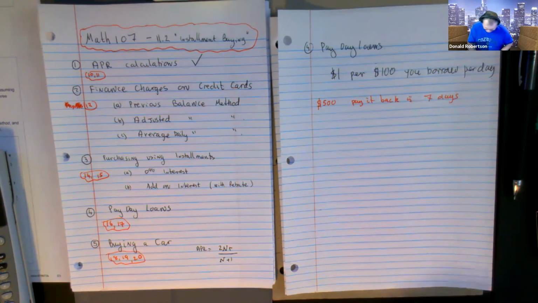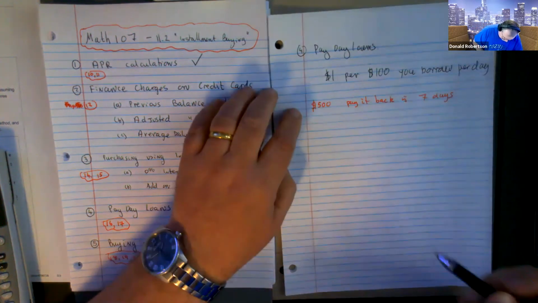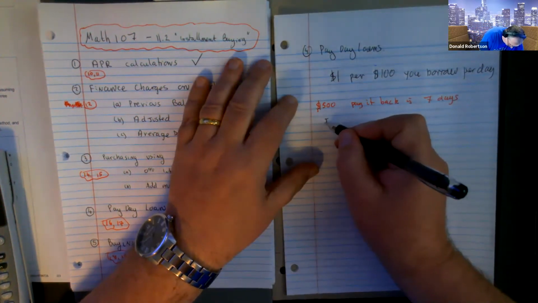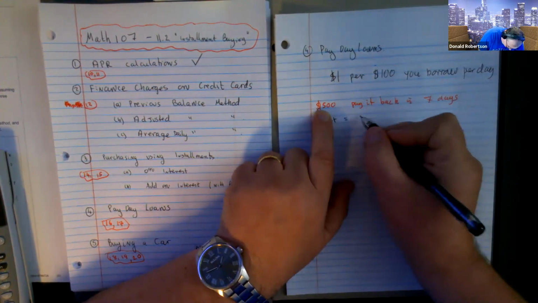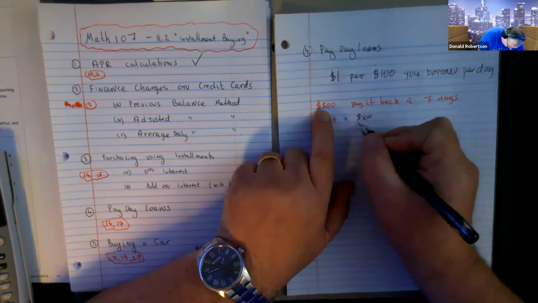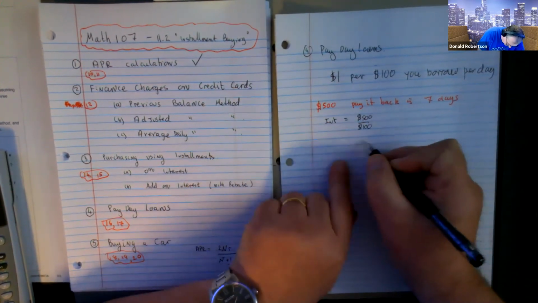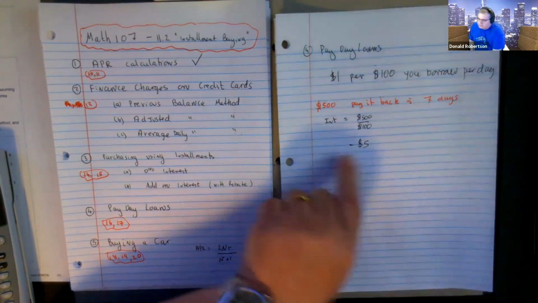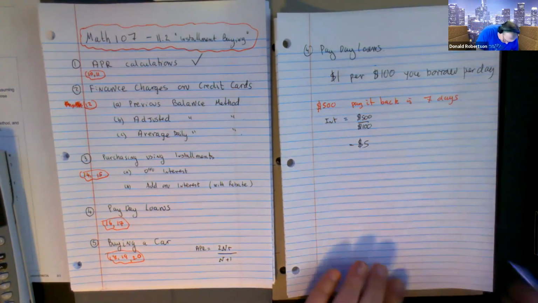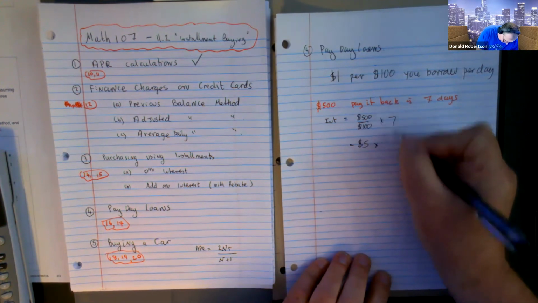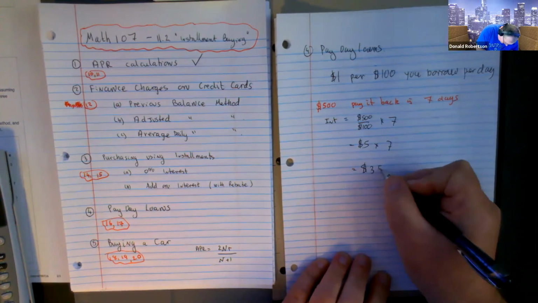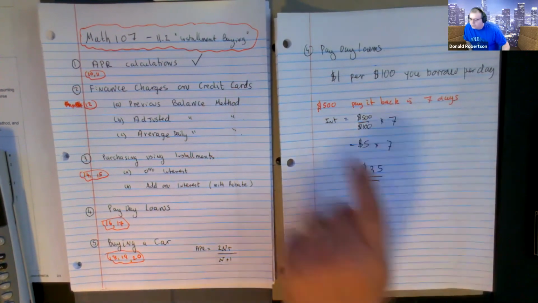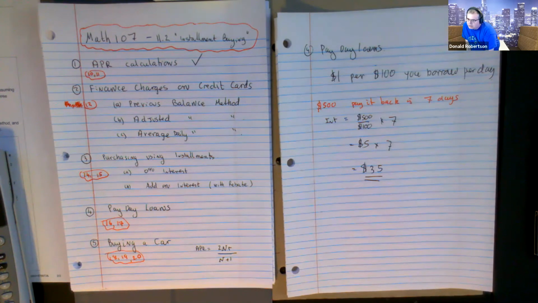Let's find out how much interest, which is what they call the finance charge. Well, $500, if you divide it by 100, wouldn't that just be $5? But it's per day. So you would end up having to pay back another extra $35 on a $500 loan. You agree? That's pretty obvious how you do it, right?